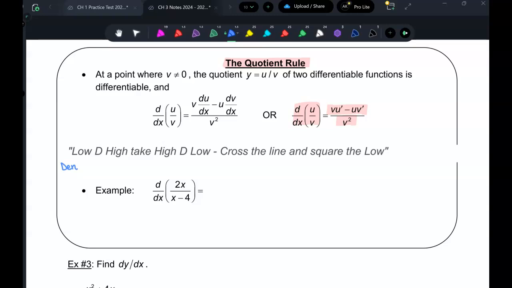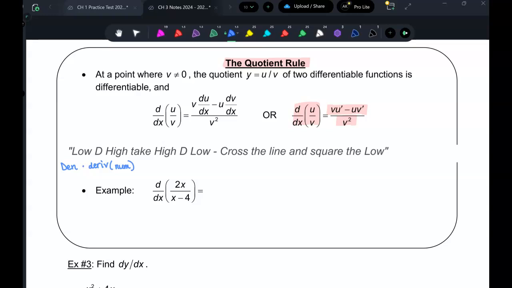Low means the denominator. The denominator is our low. D high means take the derivative of the top, which is our numerator. So, sorry, I'm kind of abbreviating here.